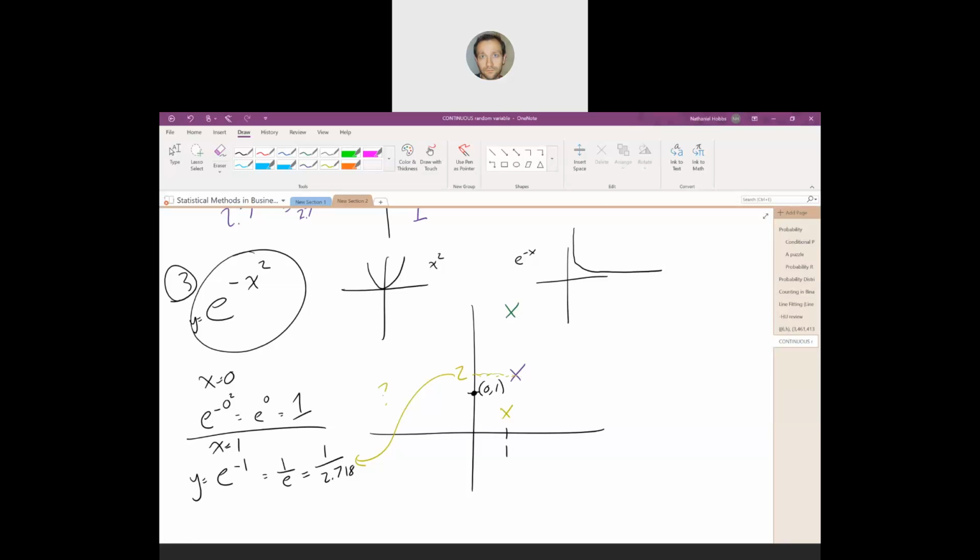Forget about the 718. About how much is that? About 2, so about 1 over 2.